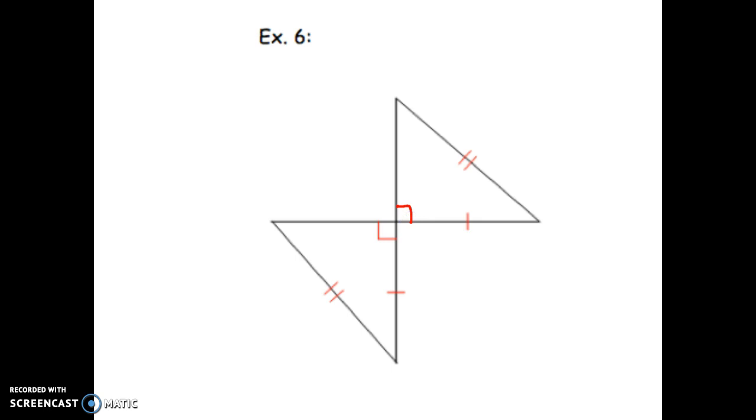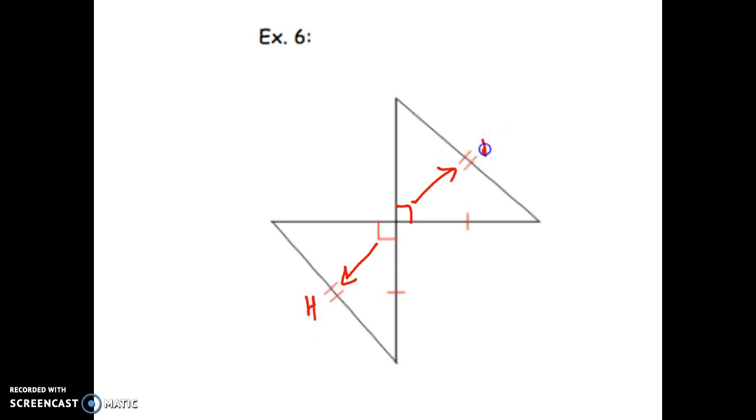Now let's check to see if the hypotenuses are congruent. So the hypotenuse is the side that is across from the right angle. Here's our right angle. This is across from the right angle, so this is our hypotenuse. And this is our hypotenuse over here. So are the two hypotenuses congruent?